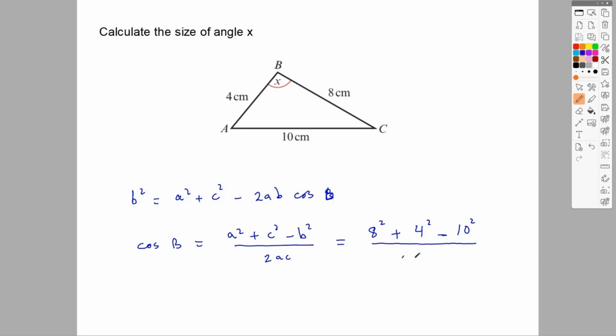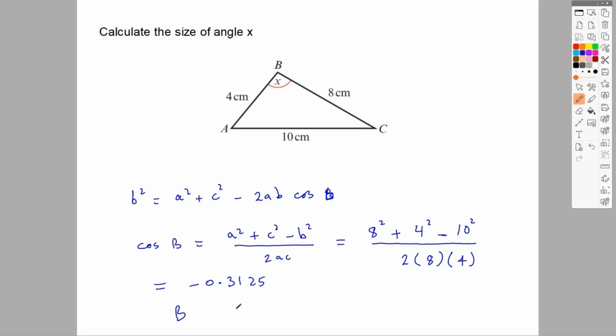It means 2 times 8 times 4. The answer is negative 0.3125. So this is cosine b.